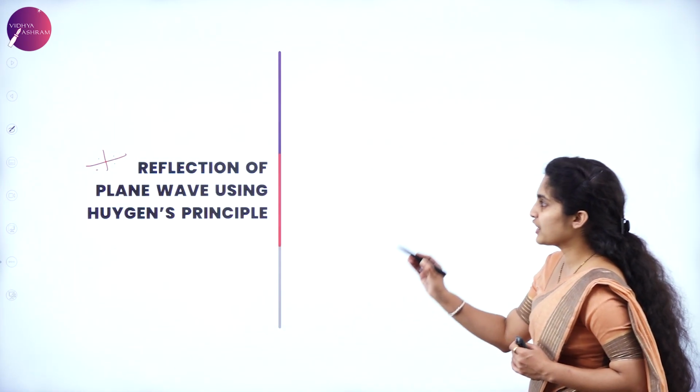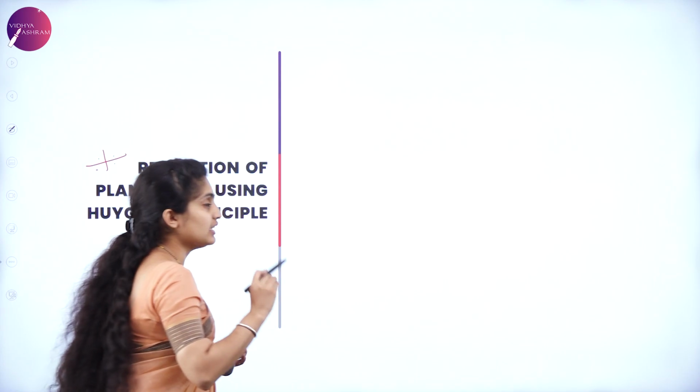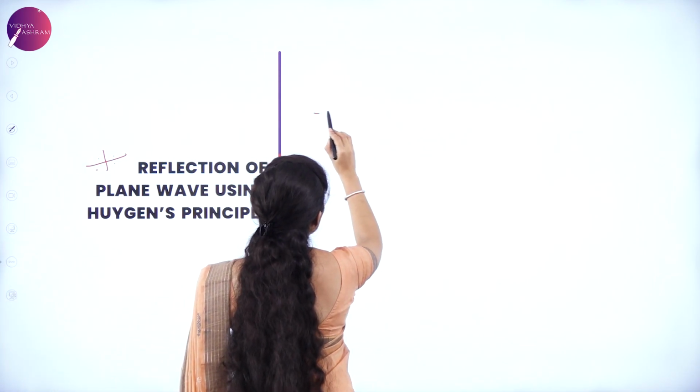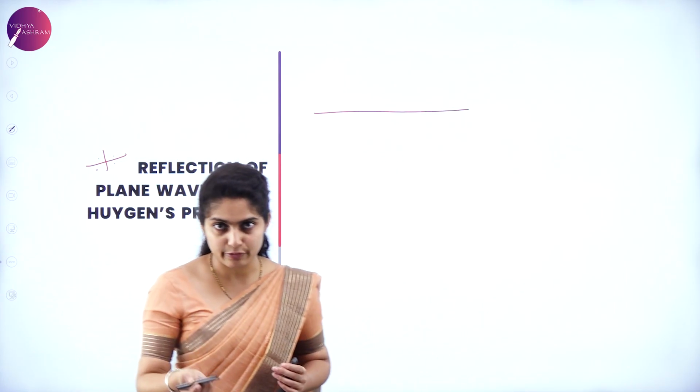For 3 marks, usually they ask reflection of a plane wave using Huygens' principle, for which we have a diagram to be drawn. We know that this is the surface. For a surface to get reflection, what we studied in ray optics and optical instruments was that reflection occurs only on one side, whereas the other side is completely silvered or polished.